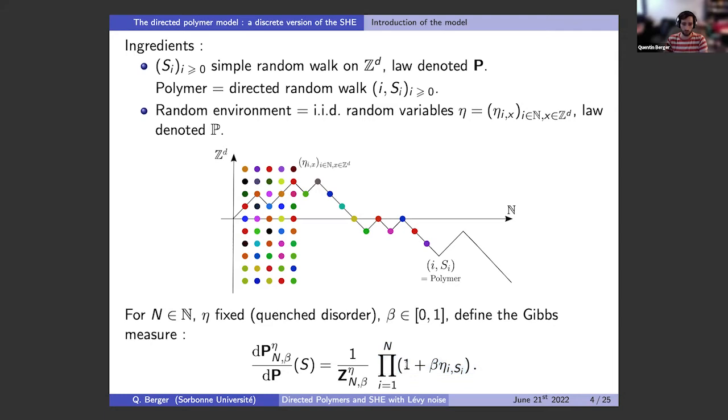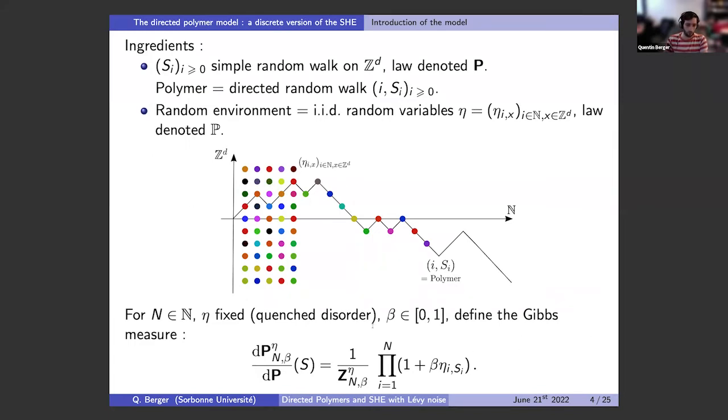So what does this measure do? It gives a larger weight to trajectories that visit large values of eta. You favor trajectories visiting regions in the environment where the eta is large. Is that clear? Does that make sense?